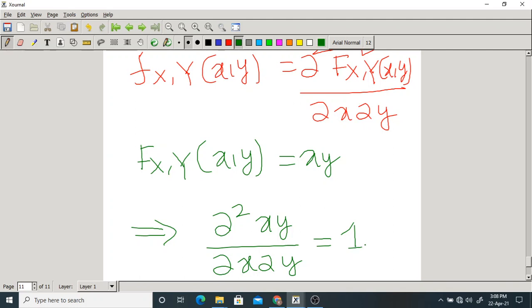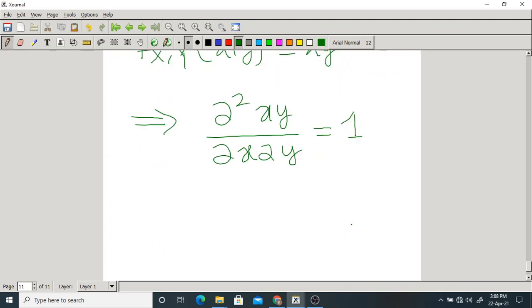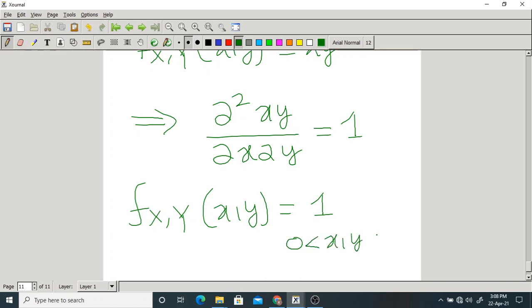It is 1. Which means your joint PDF is simply 1, for x and y in the range 0 to 1.